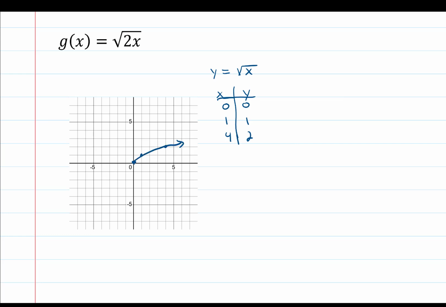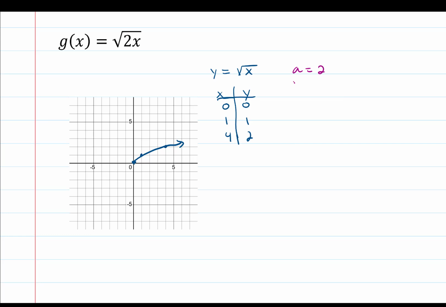Now I identify the transformation. Because that coefficient of 2 is under the radical, that's how I know that this will be a horizontal transformation. Because it's 2 times x, I know it's got to be a compression or a stretch. But my first goal is to find 1 over a.